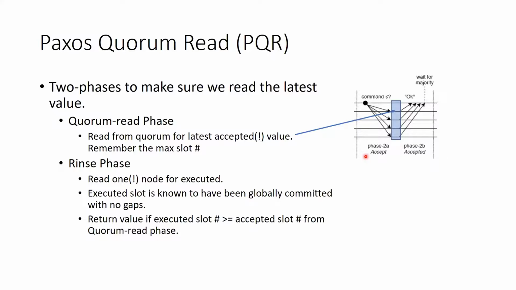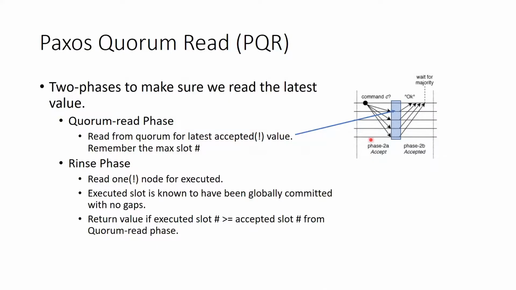Now, if we want to read something in the future, of course, we'll have to wait for this future time to reach us. So PQR, in a sense, operates in two phases, right? We do the quorum read phase, where a client is going to reach out to a quorum of nodes. So the client is not touching the leader. It's not causing more bottleneck issues for the leader. The client is going to reach out to the quorum of followers, and it will ask for the latest accepted slot number.